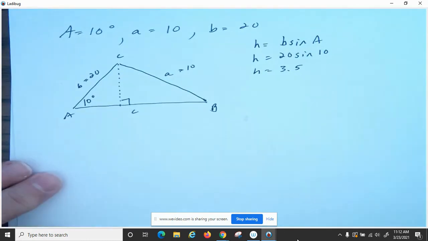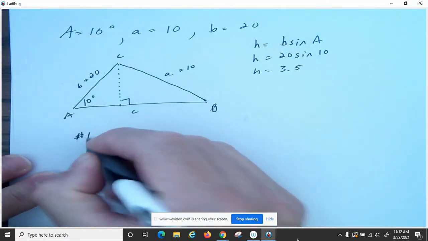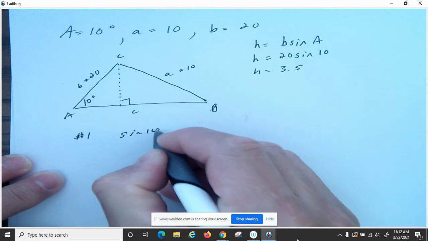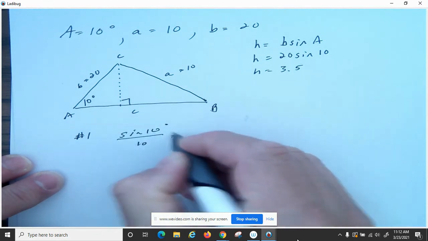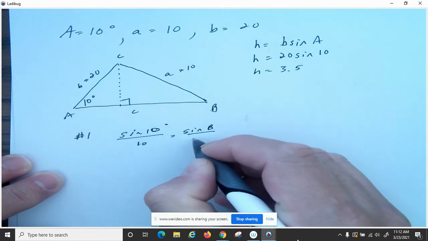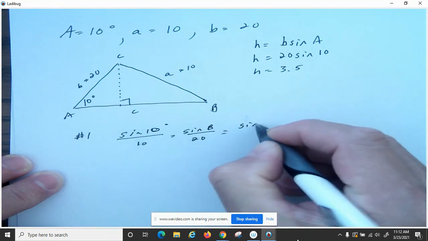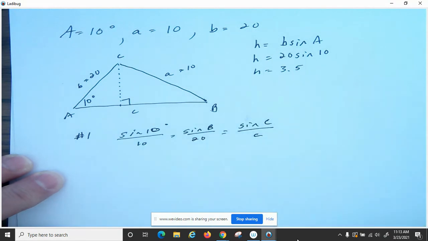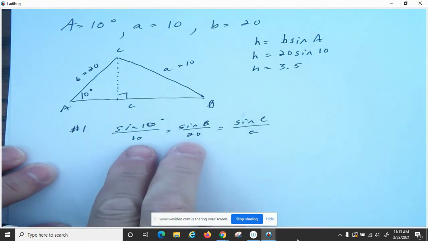All right, so for triangle number 1, the sine of 10 degrees over 10 is equal to the sine of angle B, which I don't know, over side B, which is 20. The sine of angle C, I don't know, over side C, I don't know. So again, this is the only option that I have.